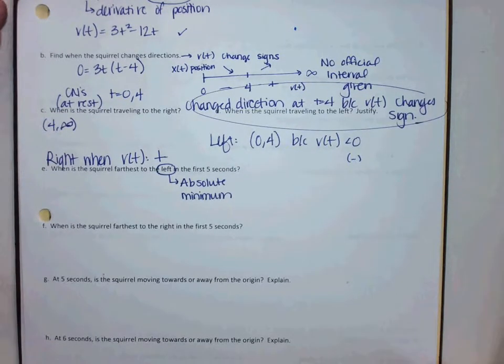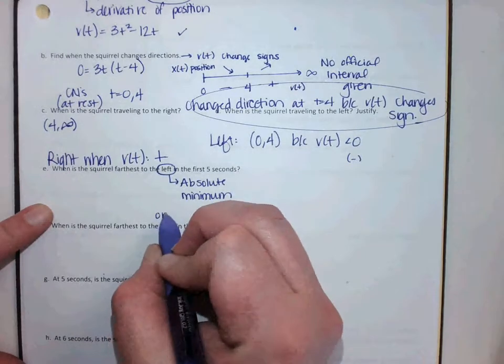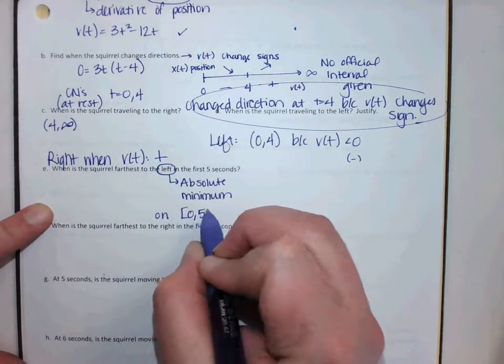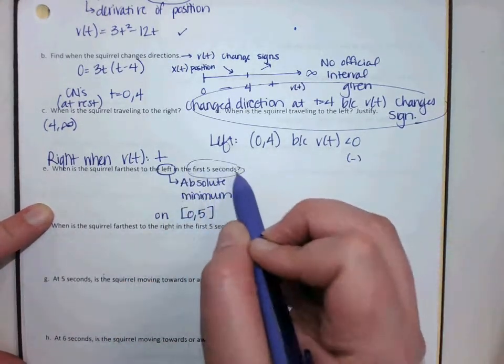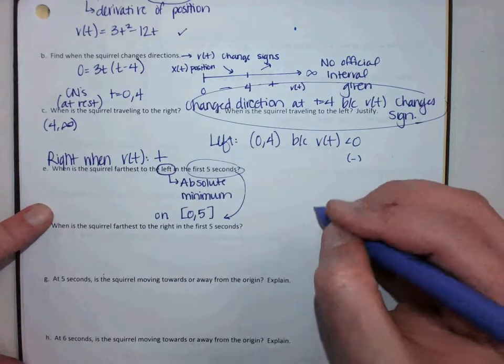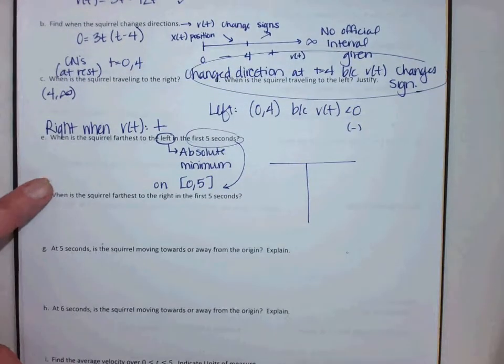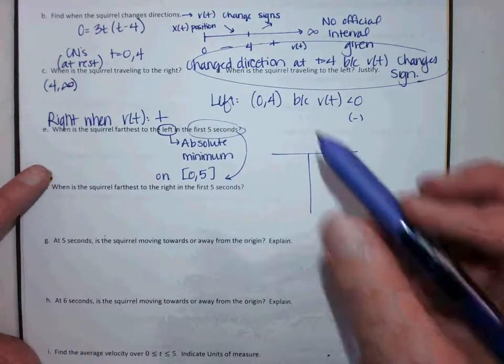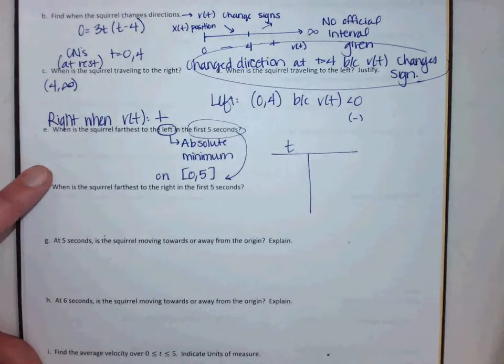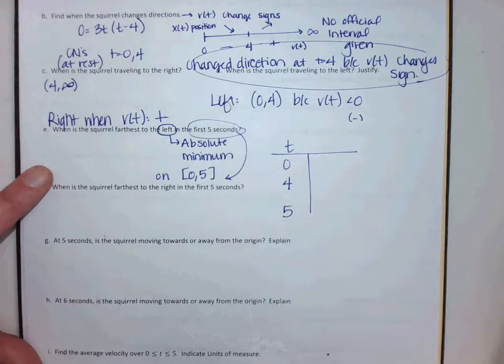They didn't give me endpoints like they usually do, but they still told me in the first 5 seconds. What interval is that? 0 to 5. Okay, so the first 5 seconds tells me 0 to 5. So, set up a chart. What is going to go in my chart for the first 5 seconds? 0. 4 is a critical number, and then 5.